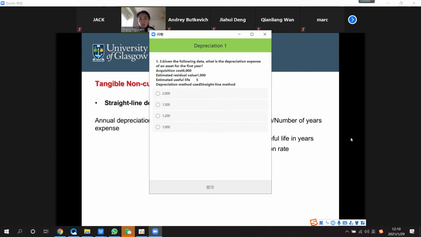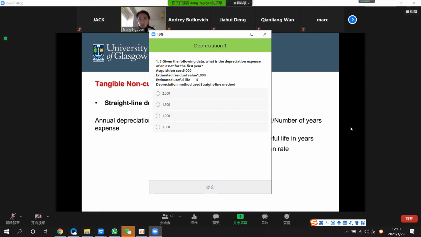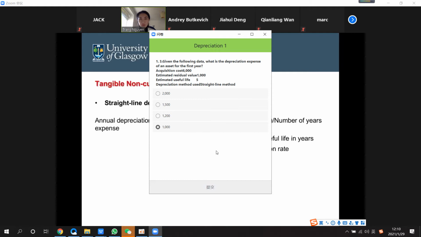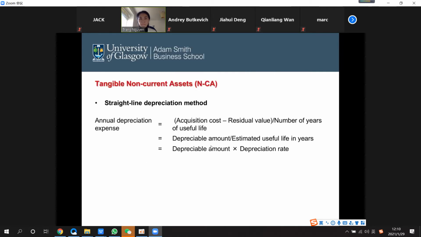The depreciable amount will equal the acquisition cost minus the residual value. Some of you were very quick with the answer. This question is also at moderate level. You can see that questions about calculation are all classified as either moderate or hard.